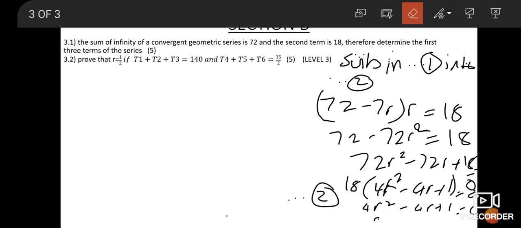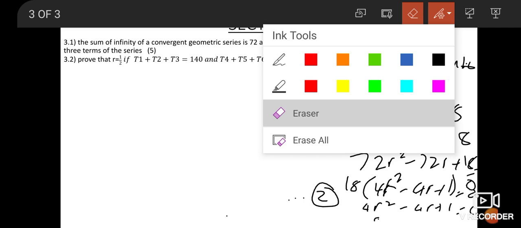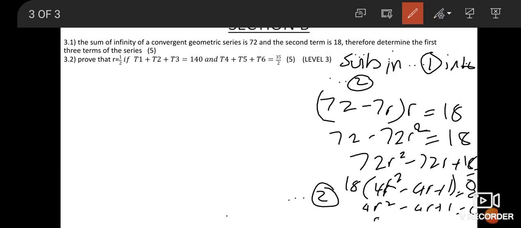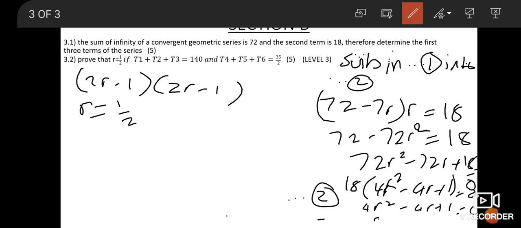So now we factorize simply. It's 2r minus 1 times 2r minus 1. Then we simply get r equals a half.